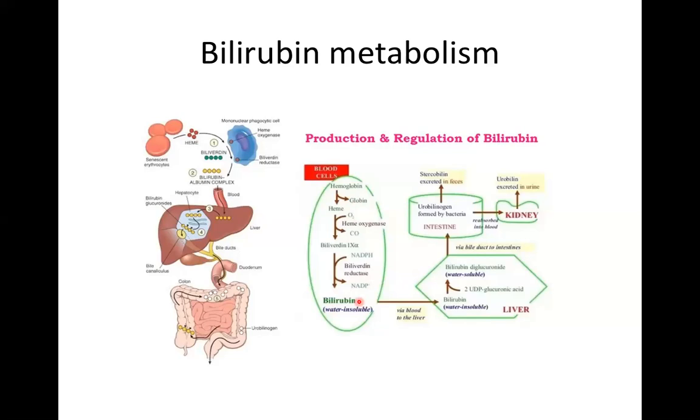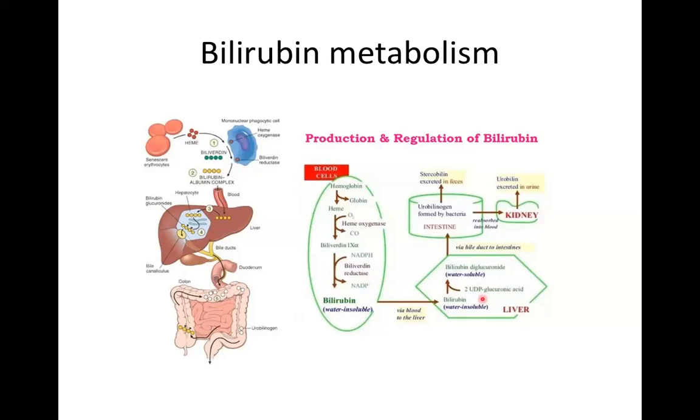Now this bilirubin has to be excreted and reutilized. Bilirubin that's formed in the reticuloendothelial cells is not water soluble. So it binds to albumin protein, and then it's transported through the portal system to the liver. Within the hepatocyte, there is a reaction called conjugation.